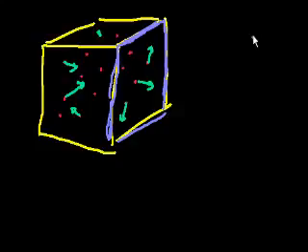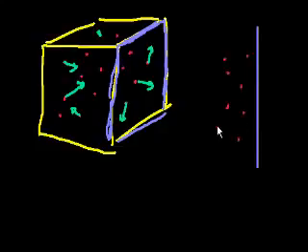Let me draw a side view. So if this is a side view of the container, of that same side, every second, there are always these molecules of gas moving around, and if we pick an arbitrary period of time, they're always ricocheting off of the side. Let's say we're looking at a super small fraction of time.